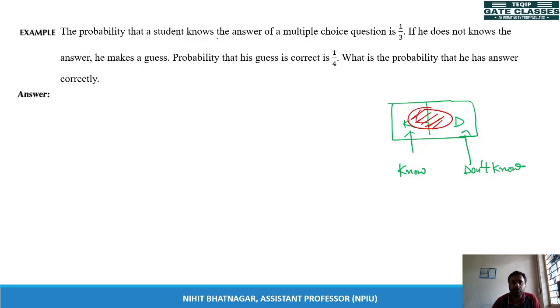The probability that the student knows the answer to the MCQ is 1 by 3. If he does not know the answer, then he may guess. The probability that the guess is correct is 1 by 4.